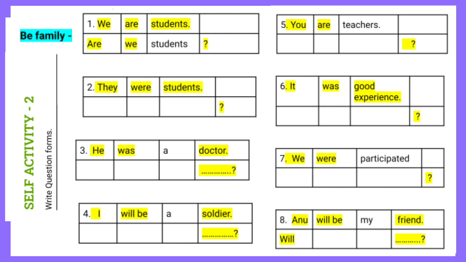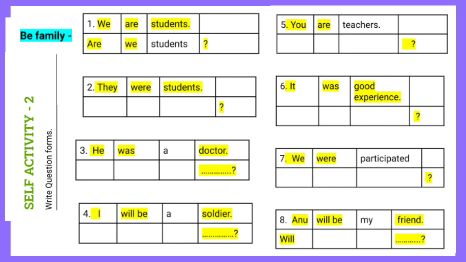We are students. The sentence, we are students. Yeah, there we can see it is already changed to a question type. We are students. We are. Are we? Are we students? Okay, now that is a question. Okay, we are students. Changed it. Are we students? Like that, all the sentences you have to change into question forms. Okay, they were students.